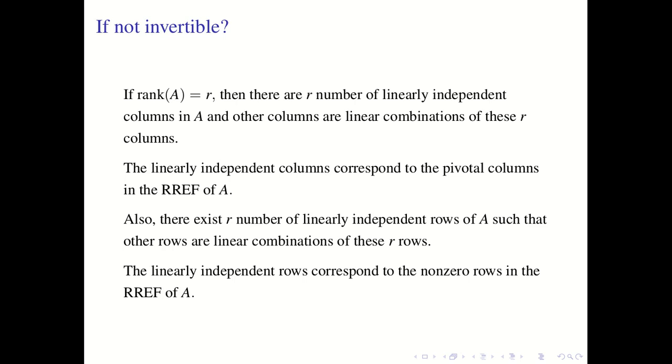So we may assume that they are the first R rows. Now in the elementary row operations, the rest of them become 0, which means that the remaining rows are linear combinations of the first R rows. So the linearly independent rows correspond to the non-zero rows in the row reduced echelon form.